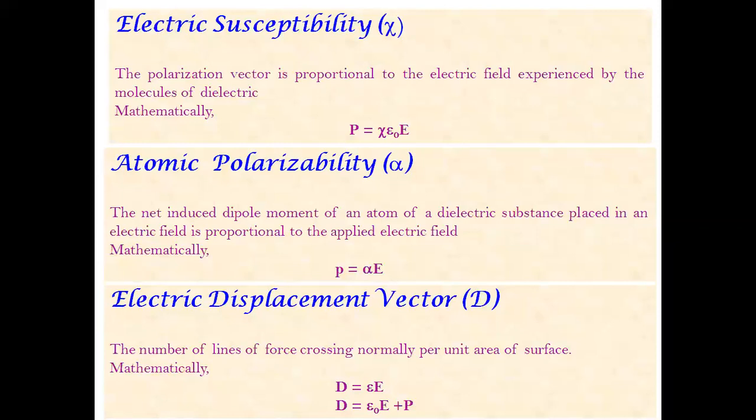And also, this is a very important relation: the electric displacement vector is equal to epsilon 0, the permittivity of free space, into the electric field, plus the polarization vector. This is the relation between three parameters: the electric displacement vector, the electric field, and the polarization vector. In dielectric material, this is a very important relation.